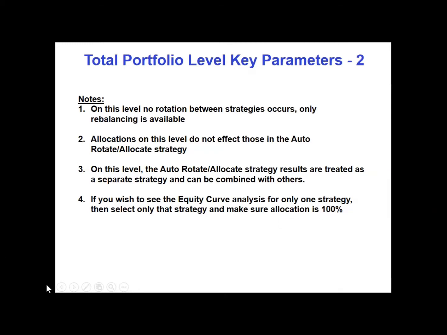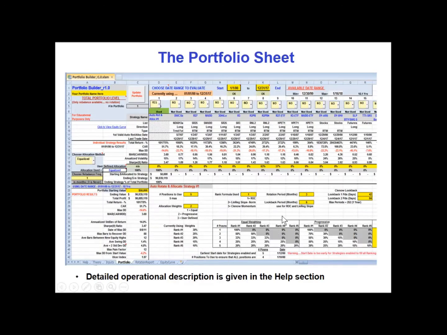You'll probably use this a lot when you're playing with the auto-rotate and allocate strategy and developing it. You won't see any results unless you set that to yes. And while you're playing with that, I would recommend you set all the others to no. Otherwise, all these numbers over here will not only include the auto-rotate and allocate, but also any of the others that have been selected to yes.